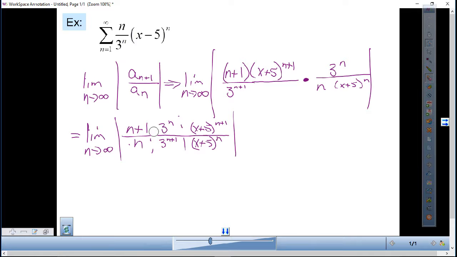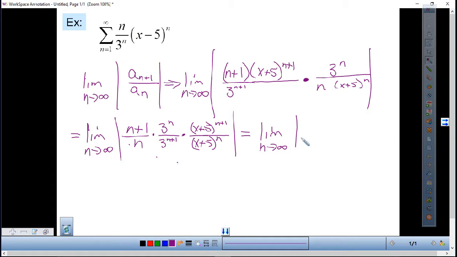Or what I usually do is split this thing up into different fractions. This fraction times this fraction times this fraction gives me the same thing I've got right here. I've just got everything organized where it's a little easier to deal with. So I can simplify things. Can't simplify this. So I've got the limit as n approaches infinity of the absolute value of n plus 1 over n.